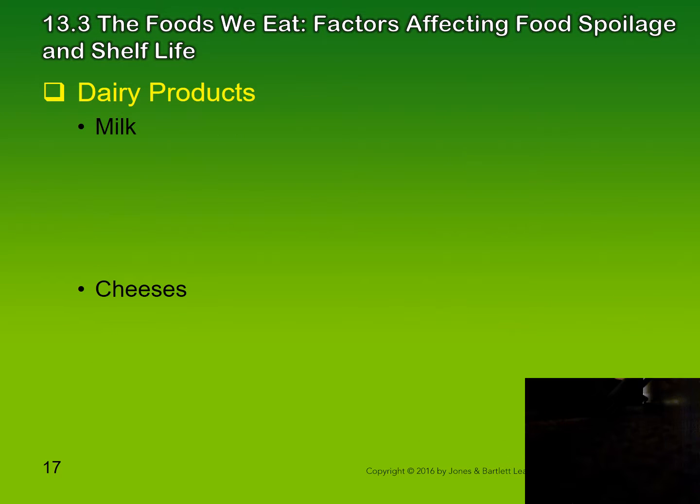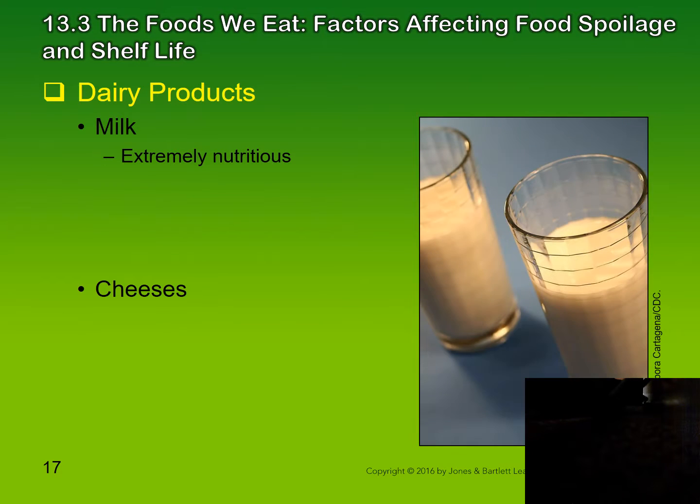Dairy products in general are fairly perishable, and while milk is extremely nutritious, it can get contaminated quite easily, and that usually comes from a diseased animal, especially at the milking station.